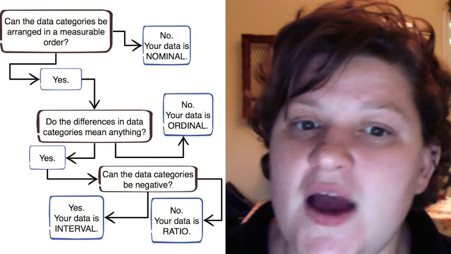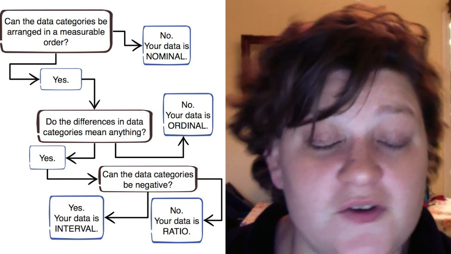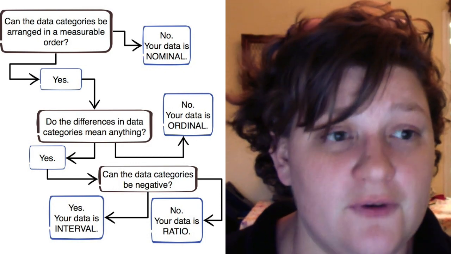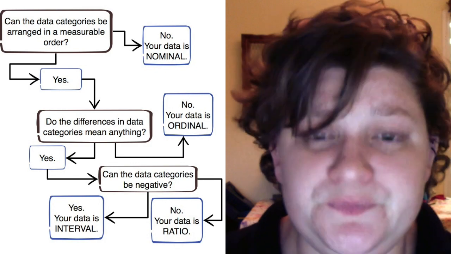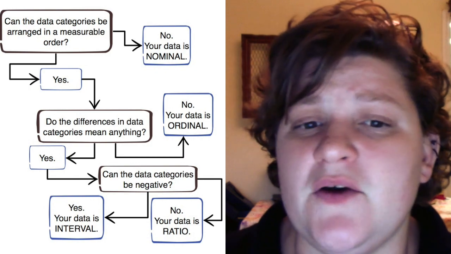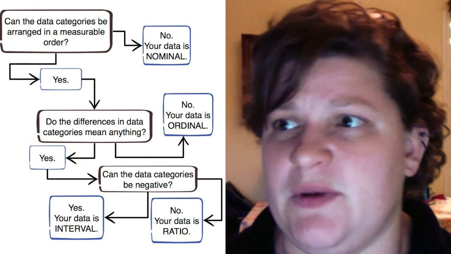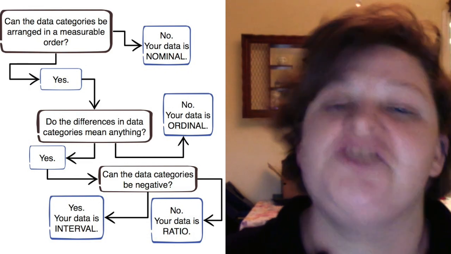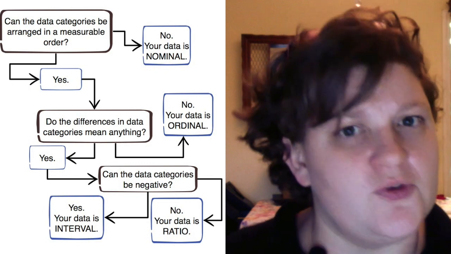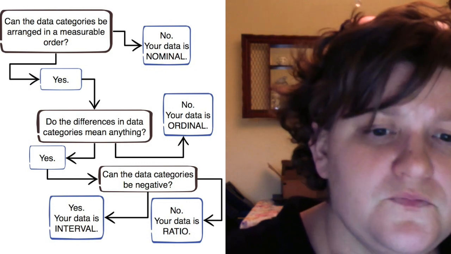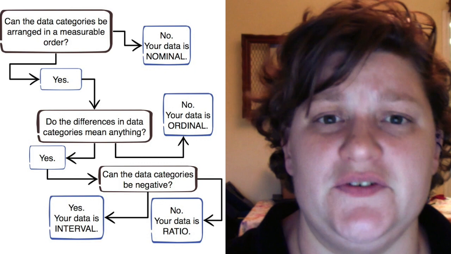So for that one, I'd say it's qualitative because it's a word. We're just talking about middle, front, back. There's no measurement to it. And then I'd go, all right, so it's not nominal because I can put it in an order. I can say that the front is going to be closer to where the action is as opposed to the back in most cases. So then I would go with ordinal in that case.